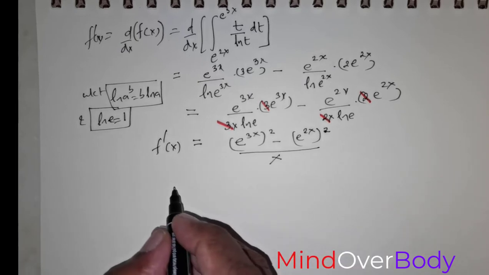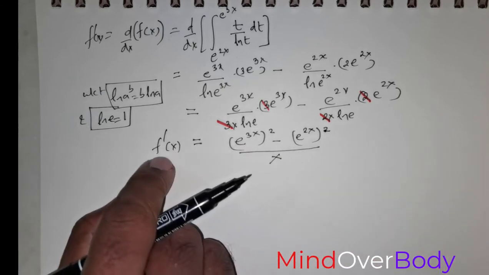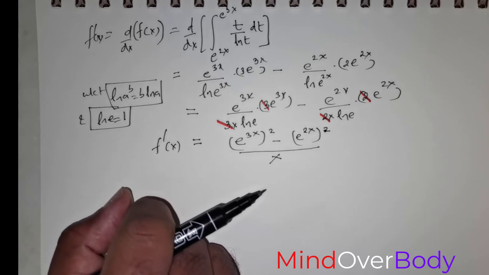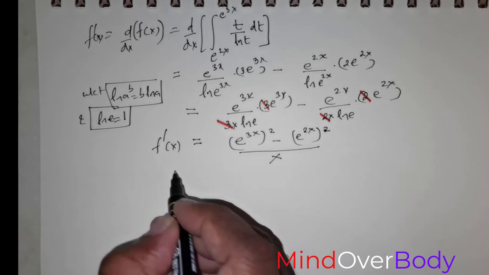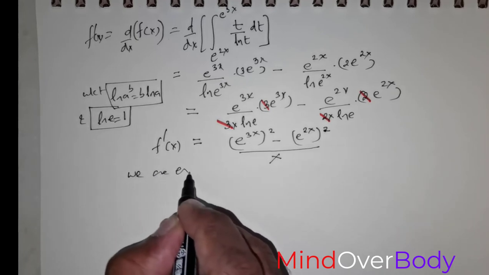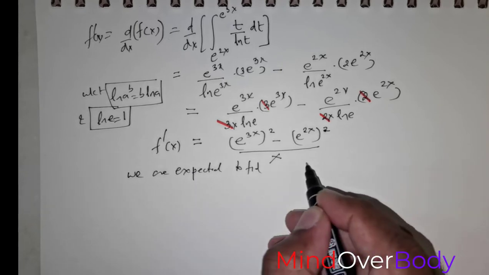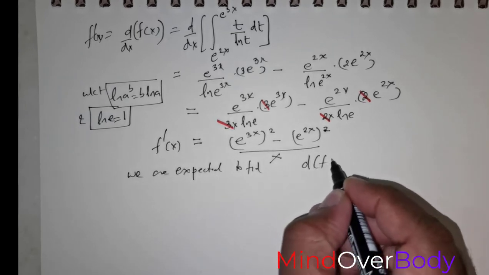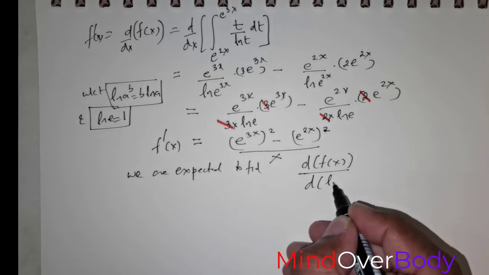But we are expected to find the differentiation of the function with respect to ln x. So that is very critical. If I were to rewrite this, we are expected to find the differentiation of the function f of x with respect to ln x.